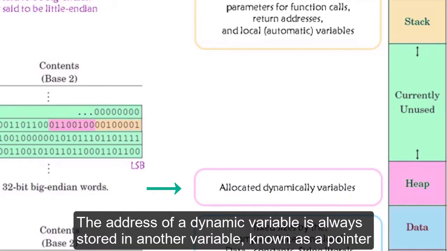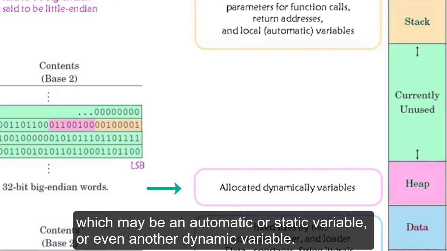The address of a dynamic variable is always stored in another variable known as a pointer, which may be an automatic or static variable, or even another dynamic variable.